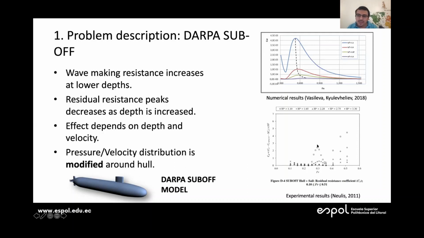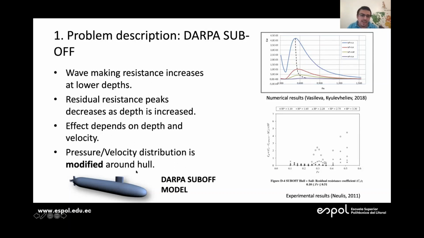when the submarine is close to the free surface. For the DARPA, there is extensive experimental data, as the one that I showed you on the right-hand side below, for a submergence of 1.1 times the diameter of the submarine.